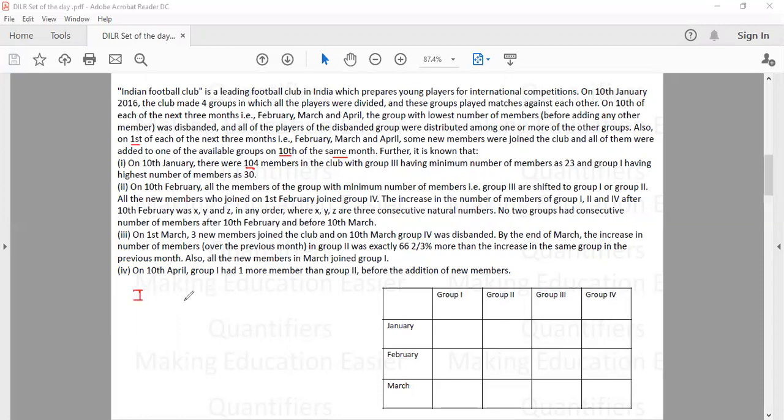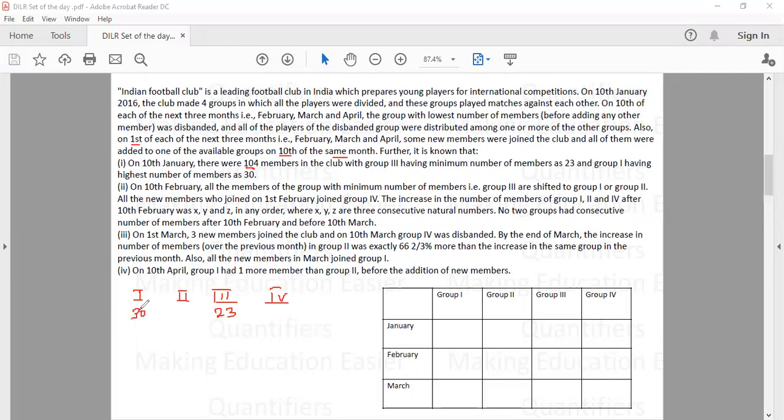So group 1, group 2, 3 and 4, right? So there were minimum members in group number 3, they were 23, whereas the maximum numbers were in group 1, which were 30.